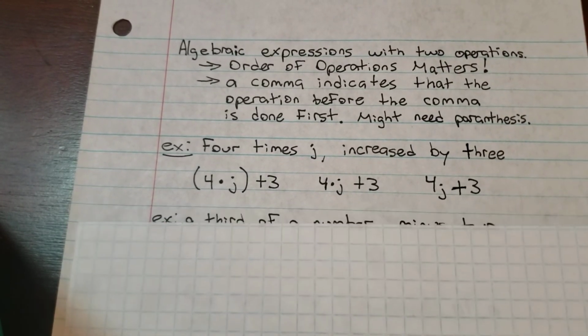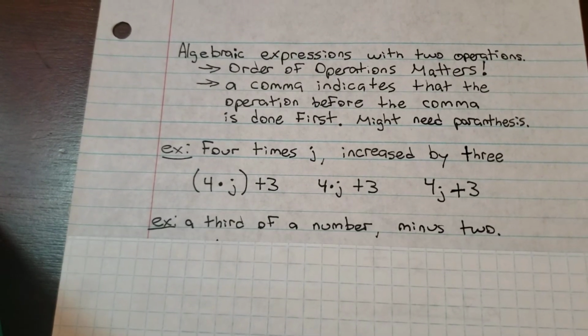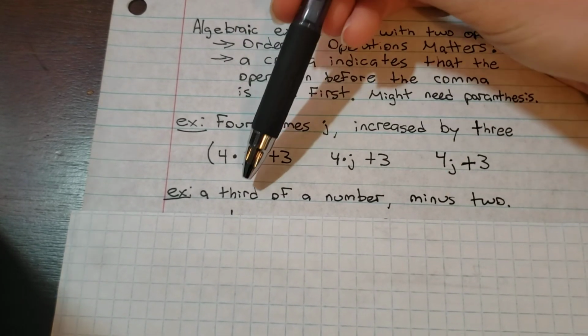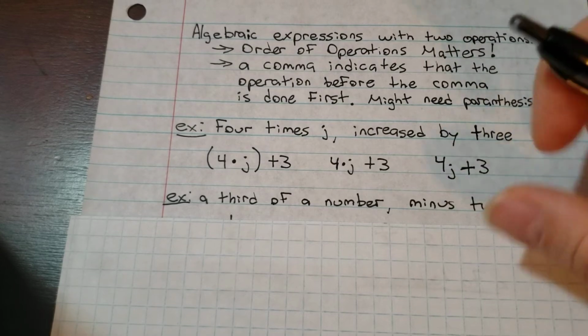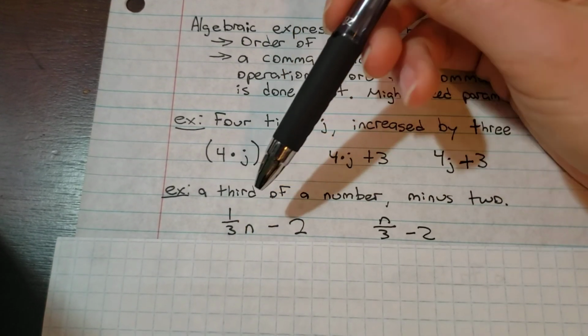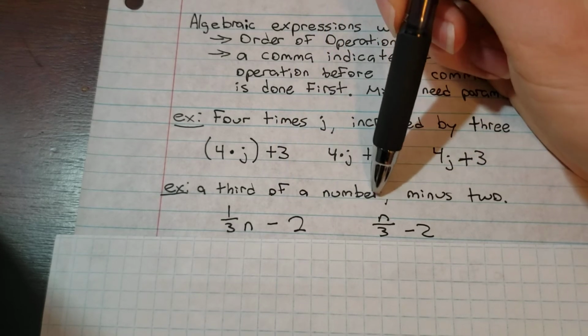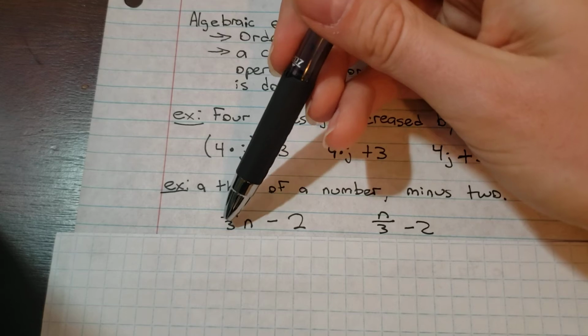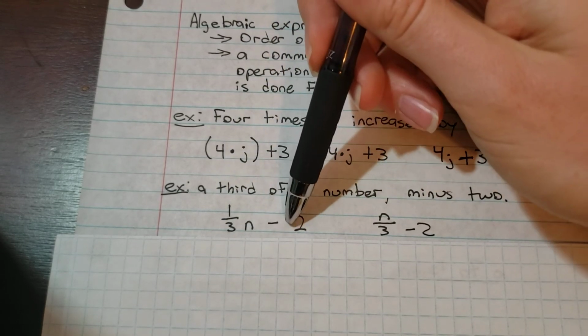Okay, here's another example. A third of a number, minus 2. A third of a number. Well, a third is 1/3. So I'm taking a third of this number and I'm subtracting 2.